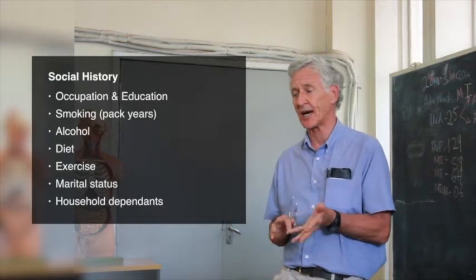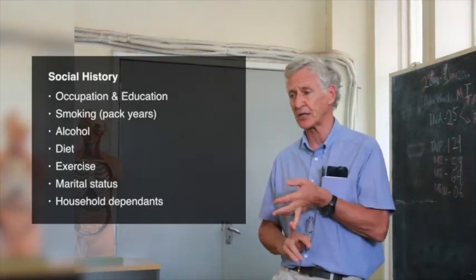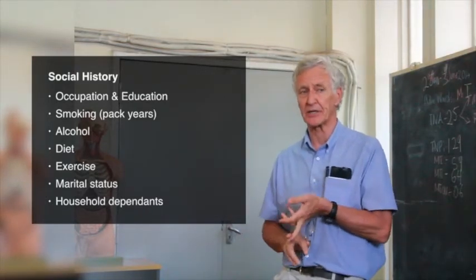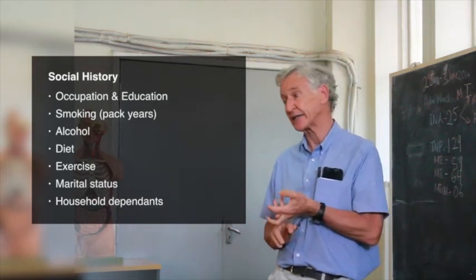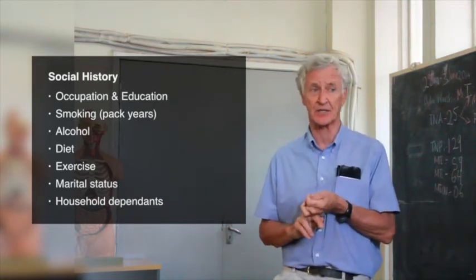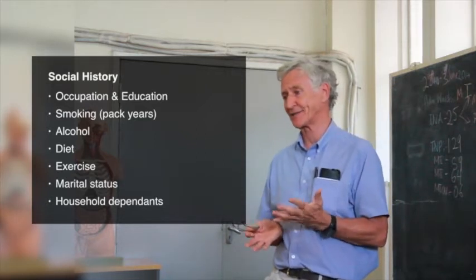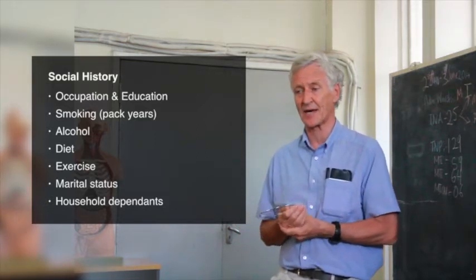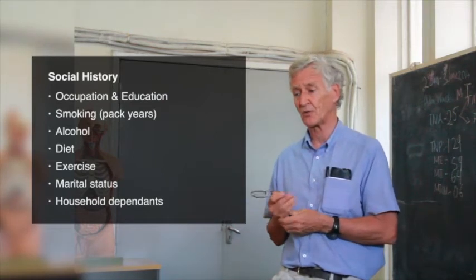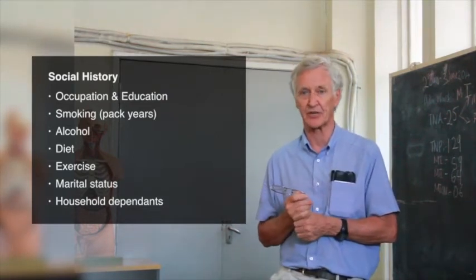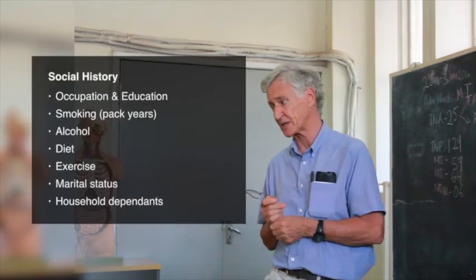Alcohol is very important to document the amount and the type. And you really only have 3 types. You've got Embege, local brew, you've got brewed beer, and then you've got spirits. And whether it's a daily occurrence and the quantity ingested. Nowadays, we like to ask about diet and exercise, because these are the two, what we call modifiable risk factors for non-communicable diseases.